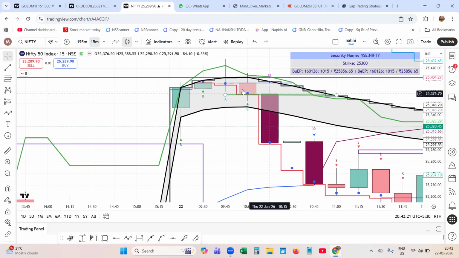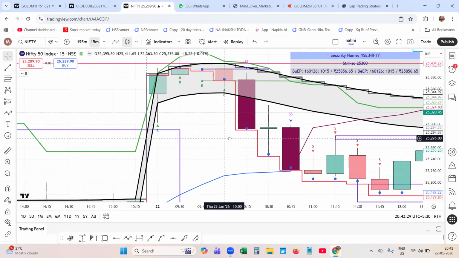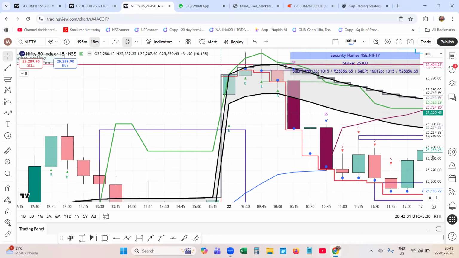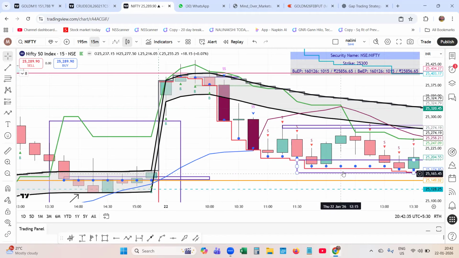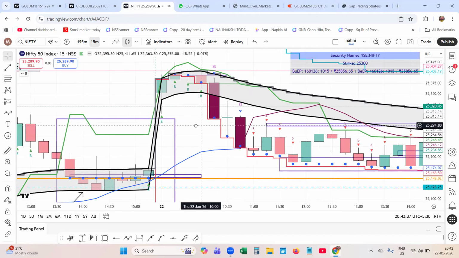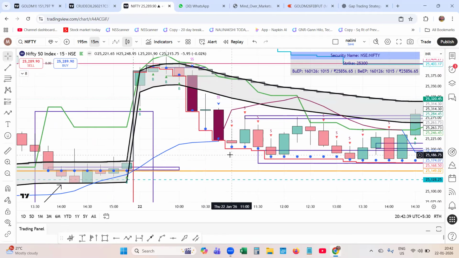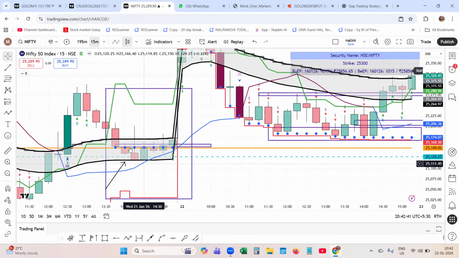This was a gap up and sellers started selling the market. You could have taken a put option, utilized this opportunity for selling, and price came down. This is the daily point of control, and it is the option zone where the market came down.